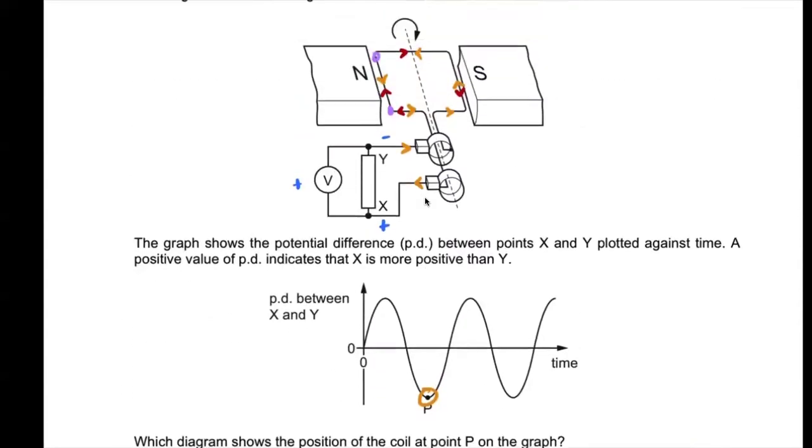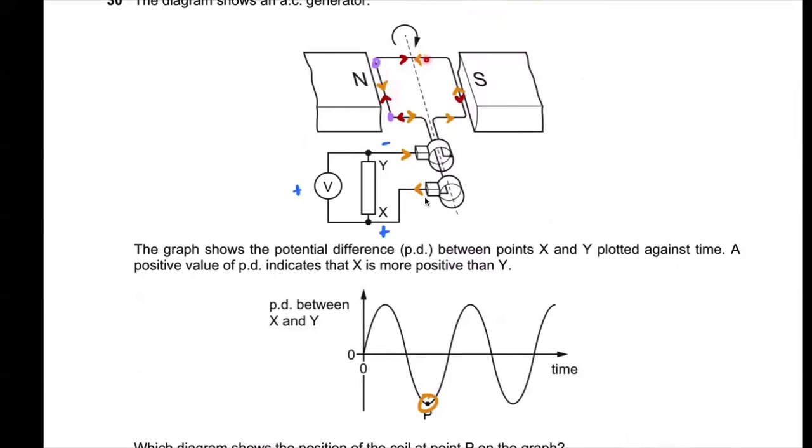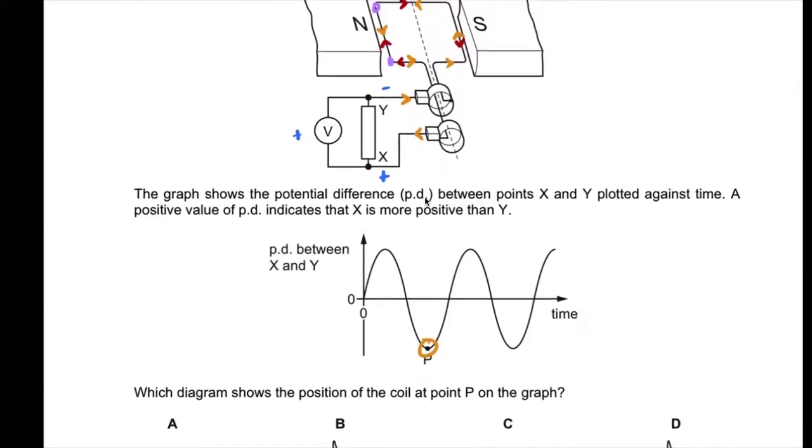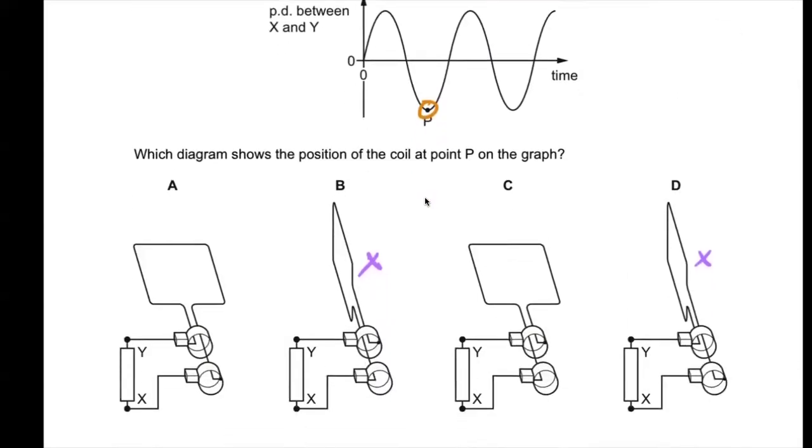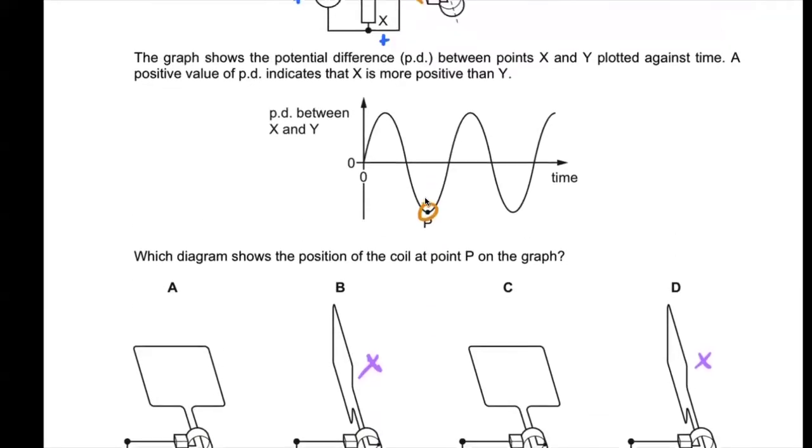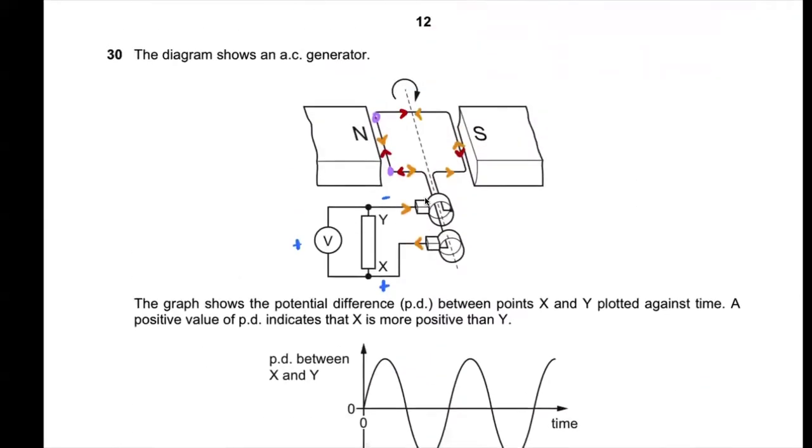As we just saw, the current is going like this for this EMF to be negative. So this current, if I label here as well, it's like this and this and this and this.